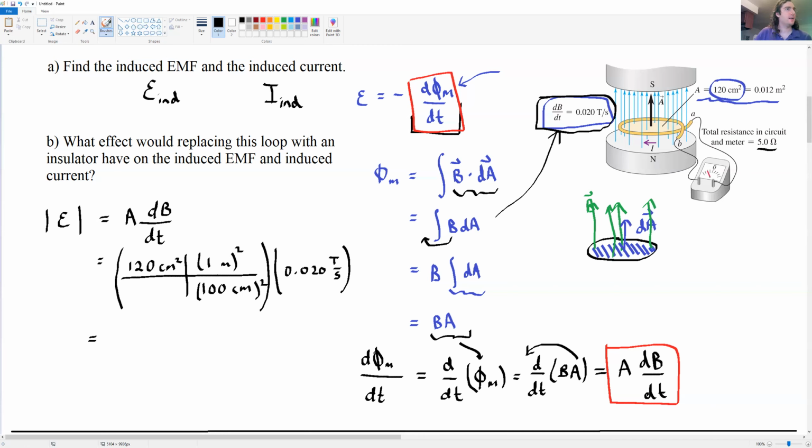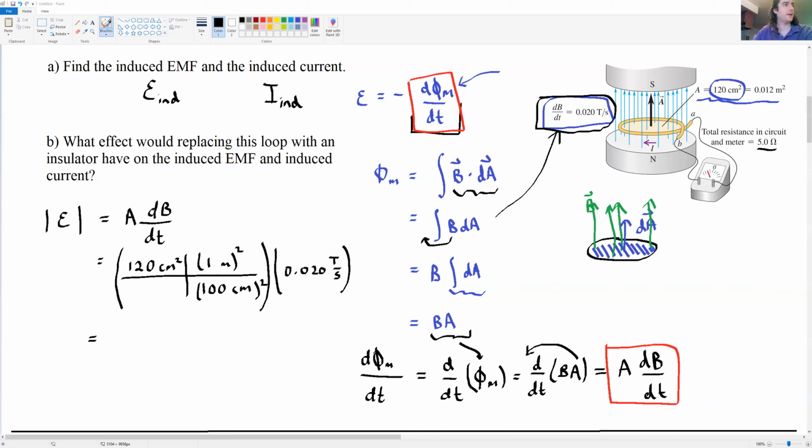Okay, so let me go ahead and you guys do the same. Get your calculators out, go ahead and calculate this, and I'll use my calculator over here on the computer. So we want to plug in 120 divided by 100 squared. Make sure you got your parentheses in the right spot, right?